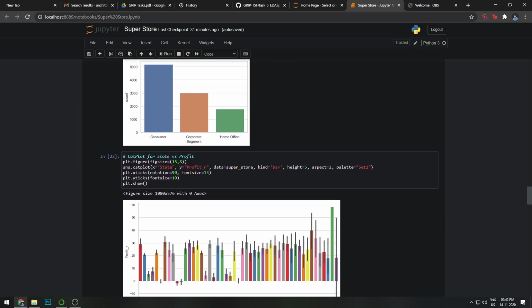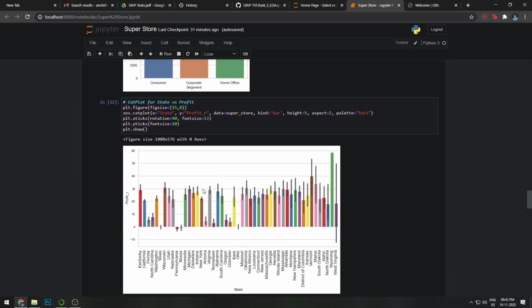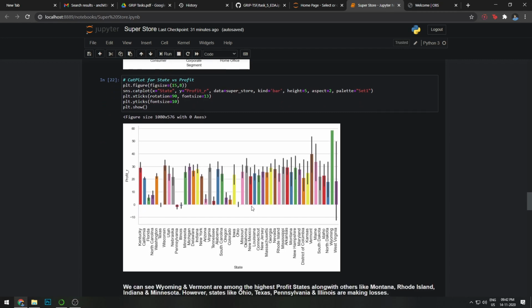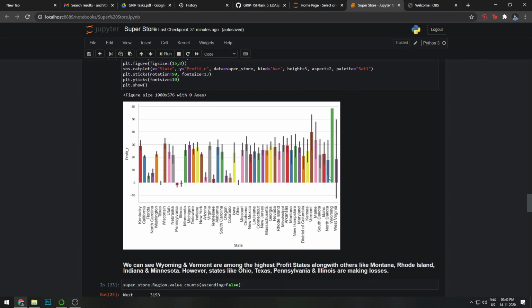Now we'll do a cat plot for state and the profit. So here we can see that Wyoming and Vermont are among the states which made the highest profit, and there are certain other states like Montana, Rhode Island, Minnesota and Indiana.